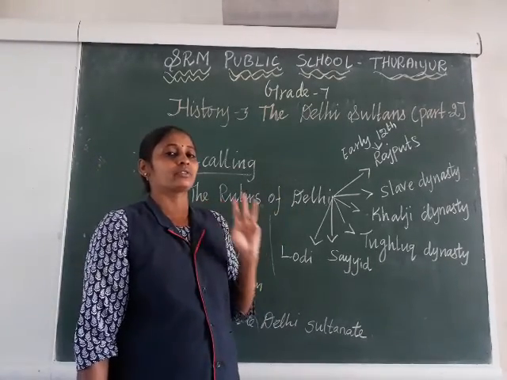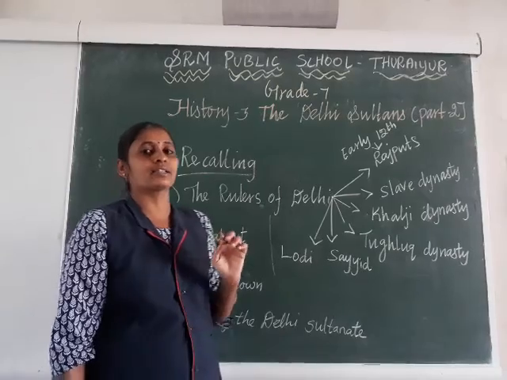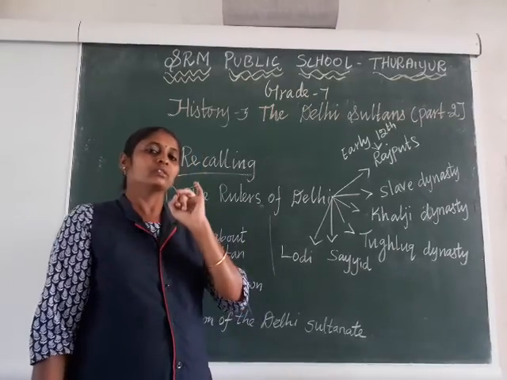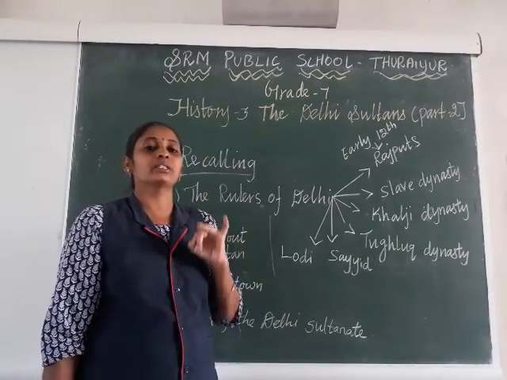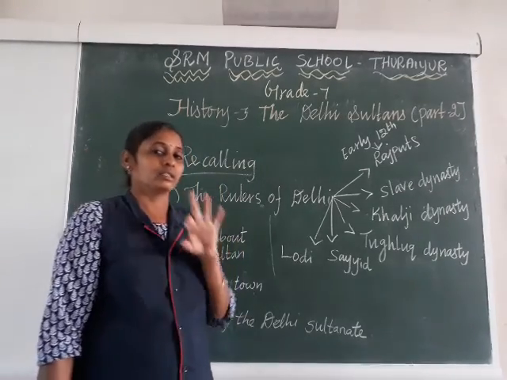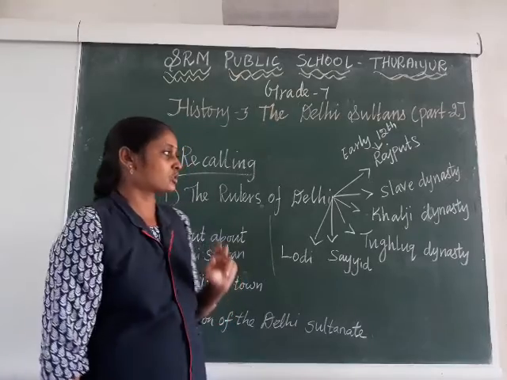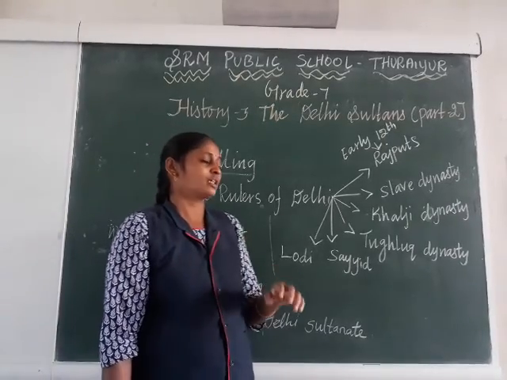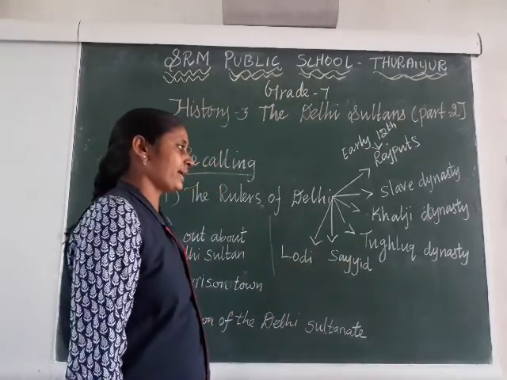Three rulers of this dynasty, Qutbuddin Aibak, Shamsuddin Iltutmish, and Ghiyasuddin Balban, these three belonged to slaves. That's why it was called the Slave dynasty.